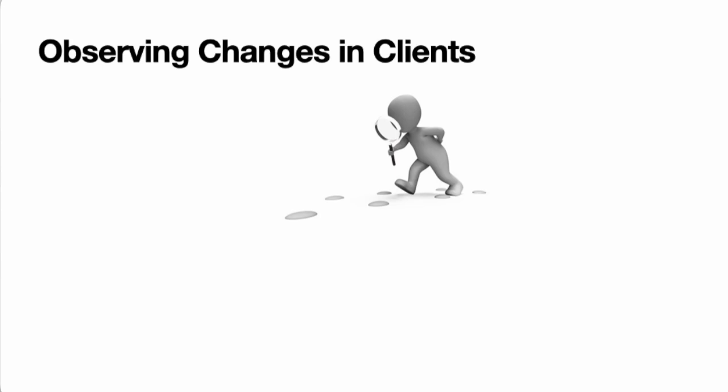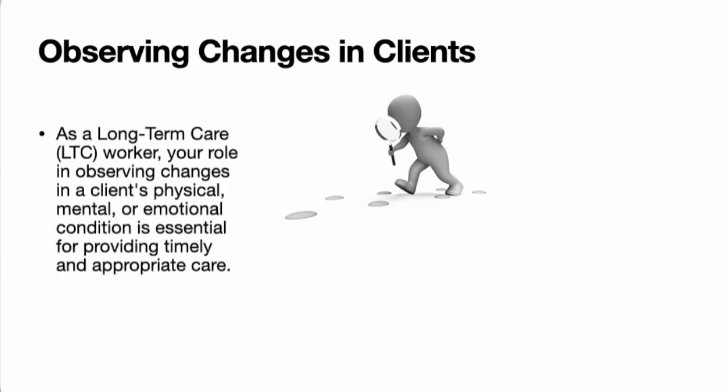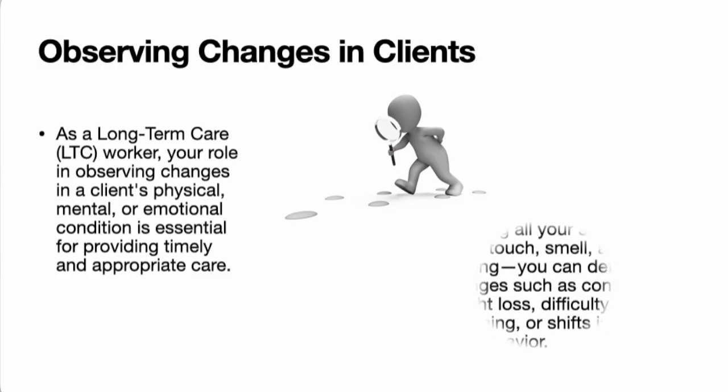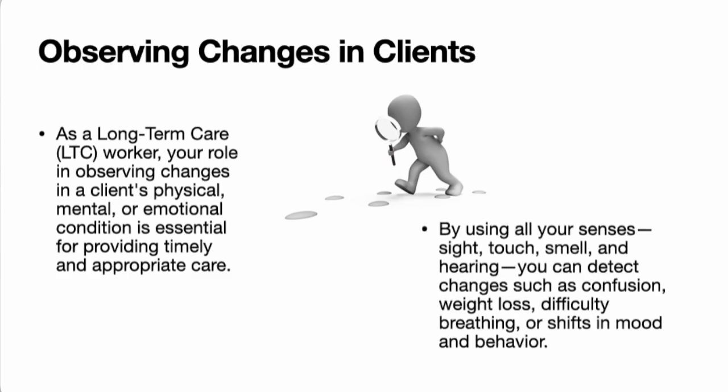Observing changes in clients. As a long-term care (LTC) worker, your role in observing changes in a client's physical, mental, or emotional condition is essential for providing timely and appropriate care. By using all your senses, sight, touch, smell, and hearing, you can detect changes such as confusion, weight loss, difficulty breathing, or shifts in mood and behavior.